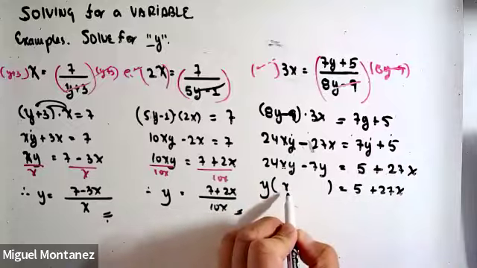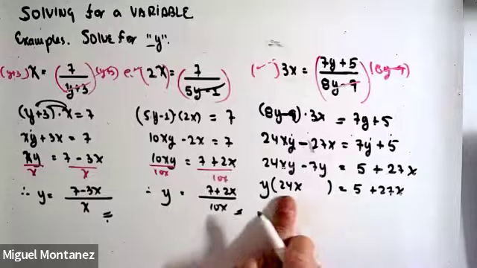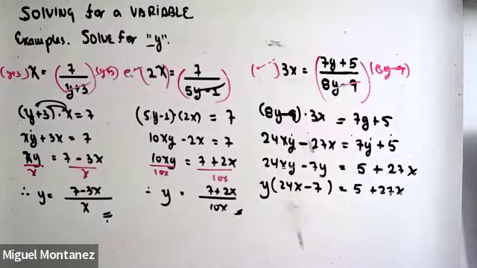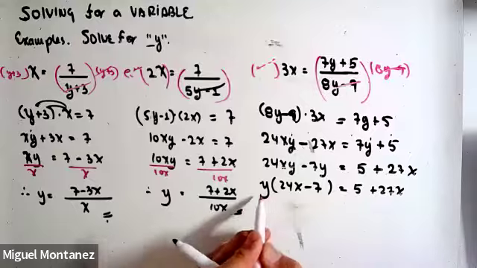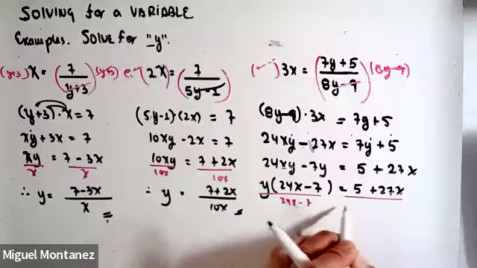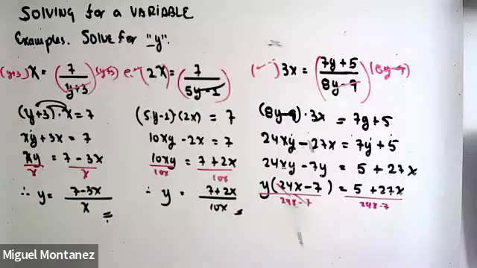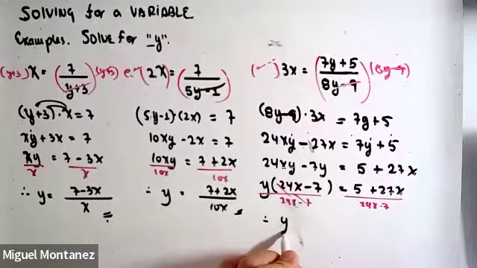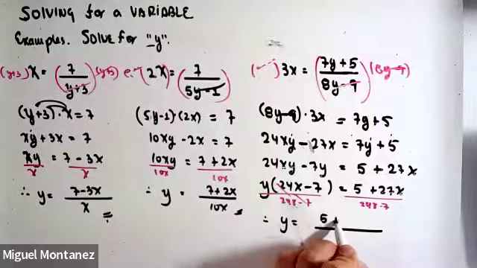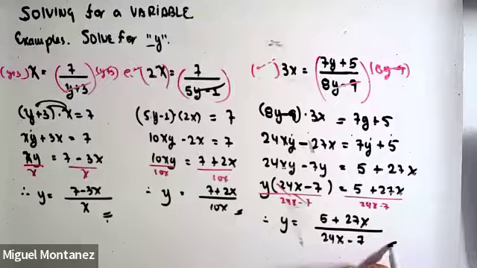Since the goal is to isolate the y, go ahead and divide by 24x minus 7. And our job is done. Therefore, y equals 5 plus 27x over 24x minus 7. We are done.